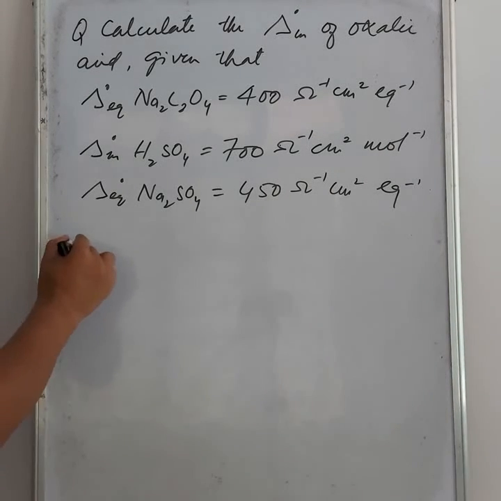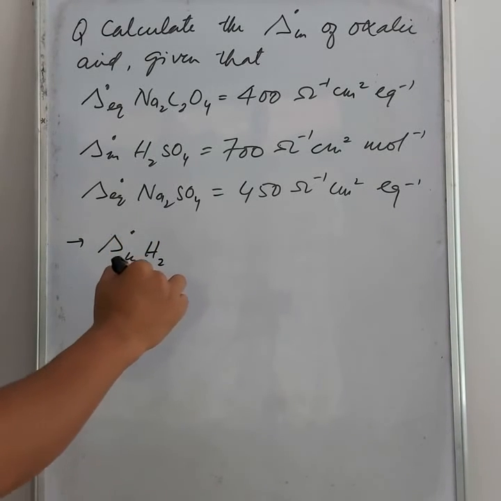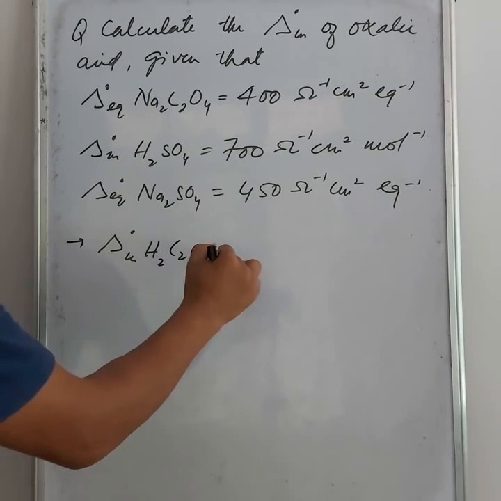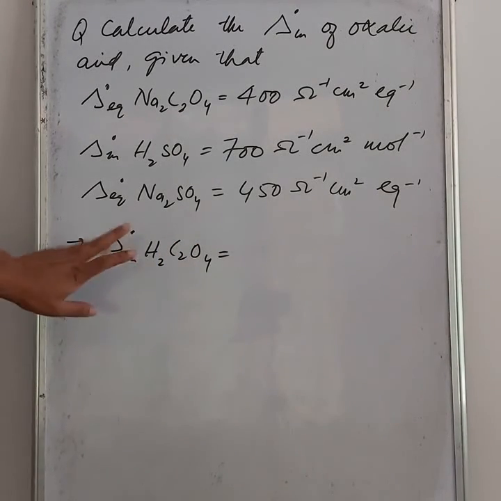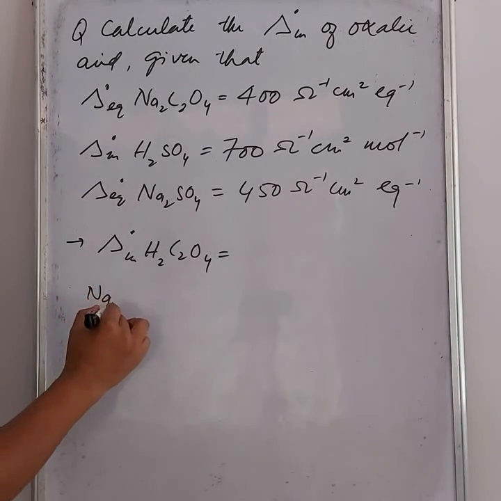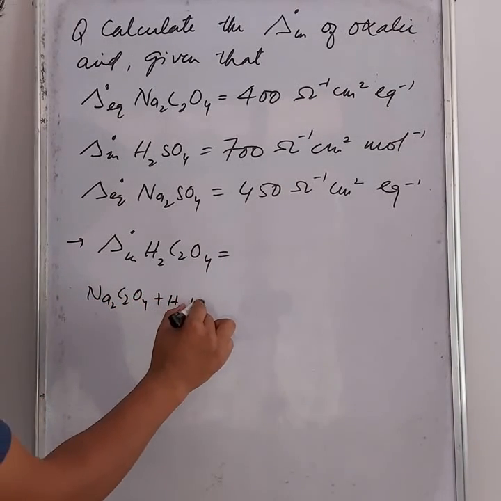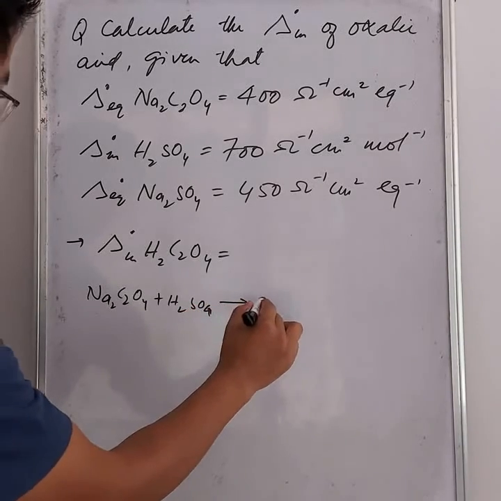So we have to get the conductivity of oxalic acid. This is our oxalic acid. If we combine these three, we're getting this one. So our equation for this would be something like sulfuric acid giving us our products.